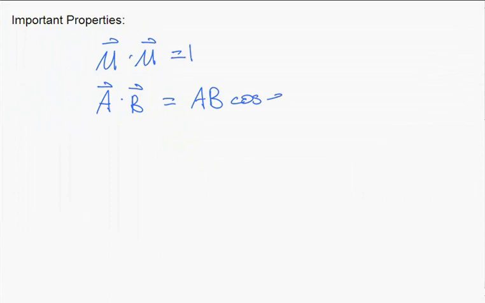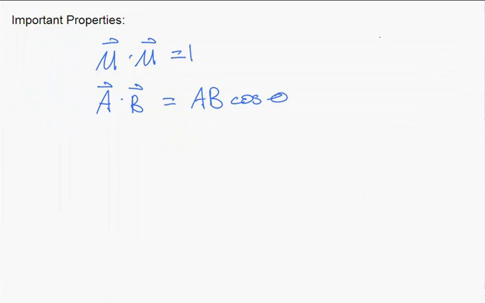Other important properties to remember about the dot product rule: a unit vector dotted with itself equals 1. Now this can be found from the basic rule of A vector dotted with B vector equals AB cos theta.